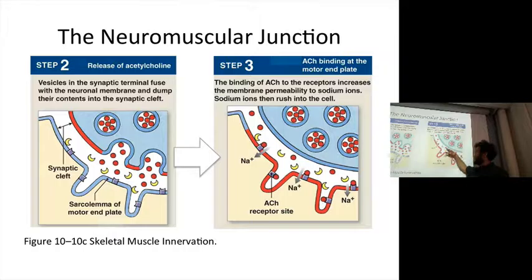Step three, this acetylcholine binds to the chemically gated ion channels in the postsynaptic membrane, thus allowing the influx of sodium, allowing sodium to travel down its electrochemical gradient. All right? Sodium's chemical gradient wants to go in.